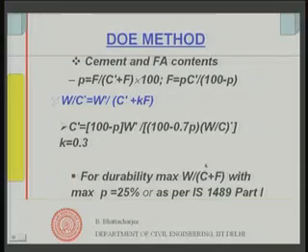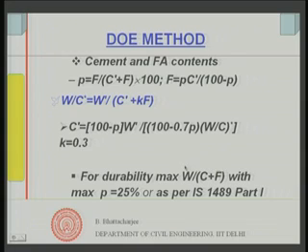So, when it gives us better durability, I can take the whole of the cementitious material into consideration. So, while calculating the maximum water cement ratio, instead I can take the water cementitious ratio.